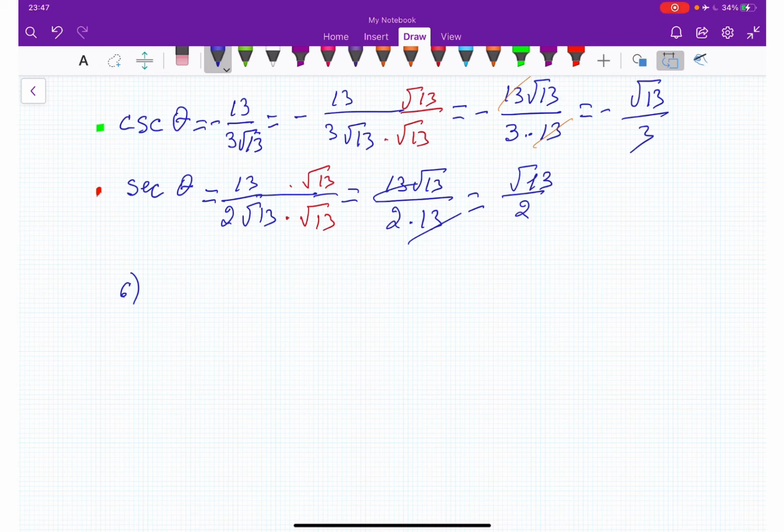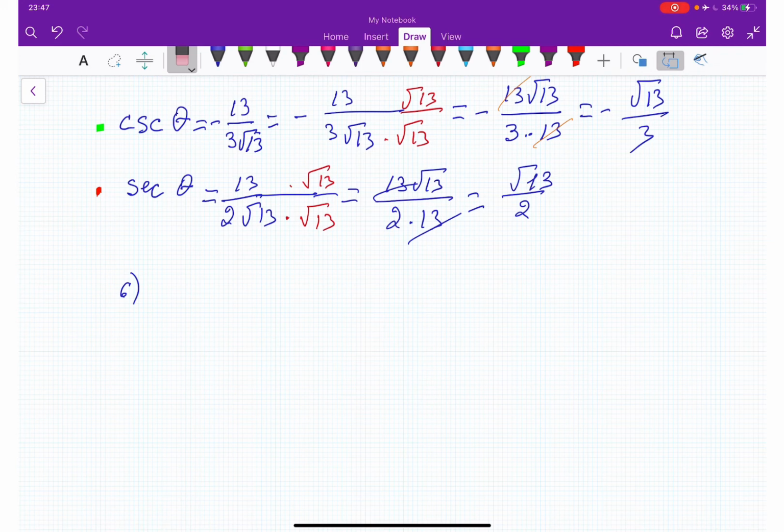Okay, let's say if this is my angle, these two are coterminal because they share the same terminal side, okay? That's what it is.